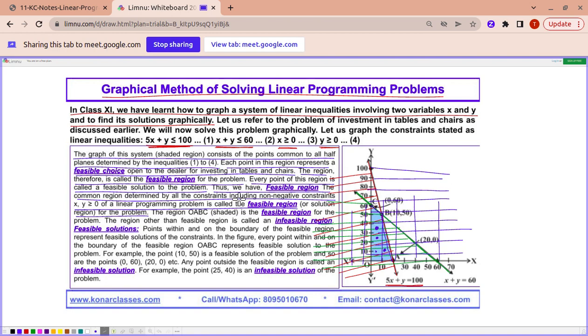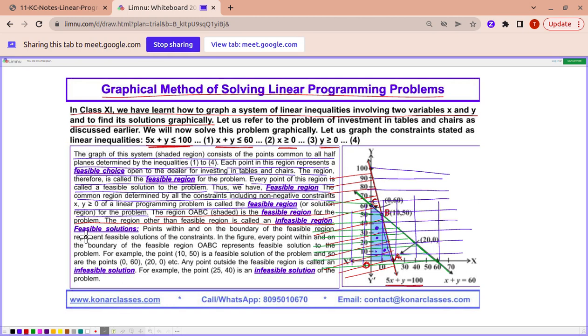So in this case, which part is OABC? Let me mark it in the red color. This is O, this is A, this is B, and this is C. So I can say OABC is the feasible region. The region OABC is the feasible region for the problem. The region other than the feasible region is called the infeasible region.